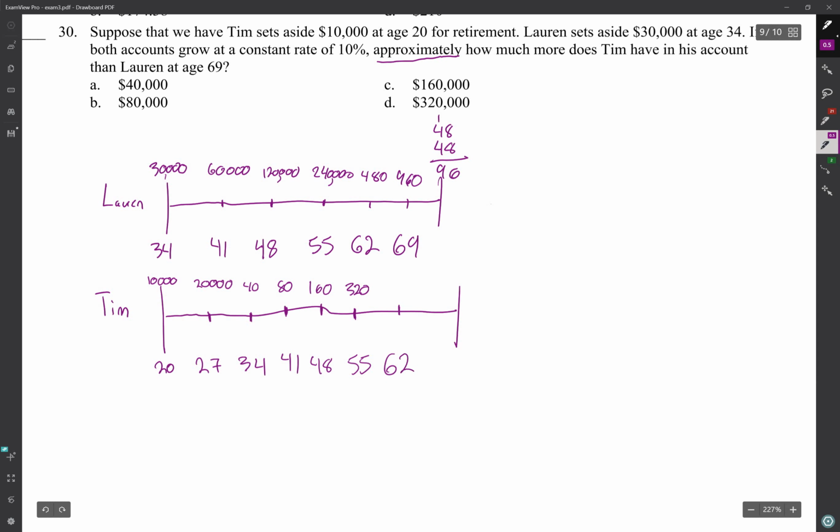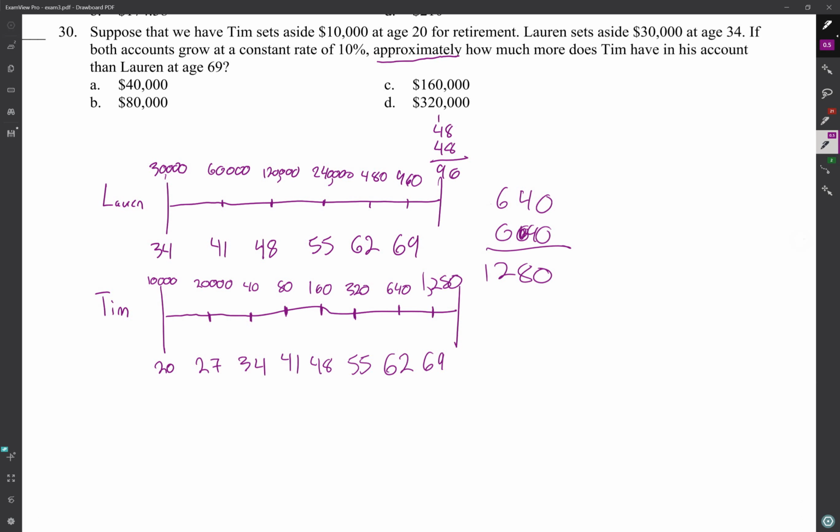At age 62, he should have $640,000. And at age 69, he should have $1,280,000.